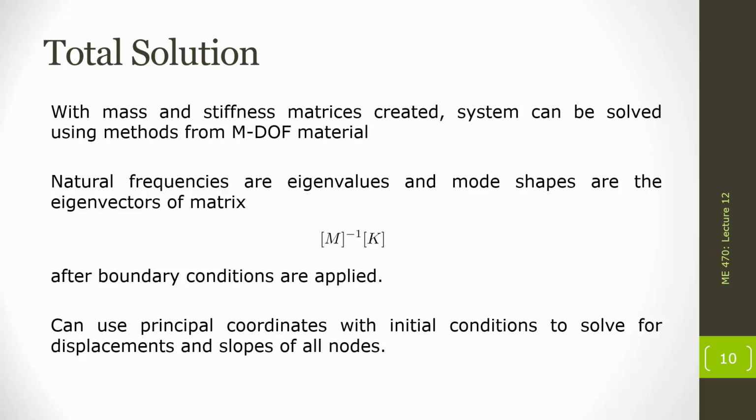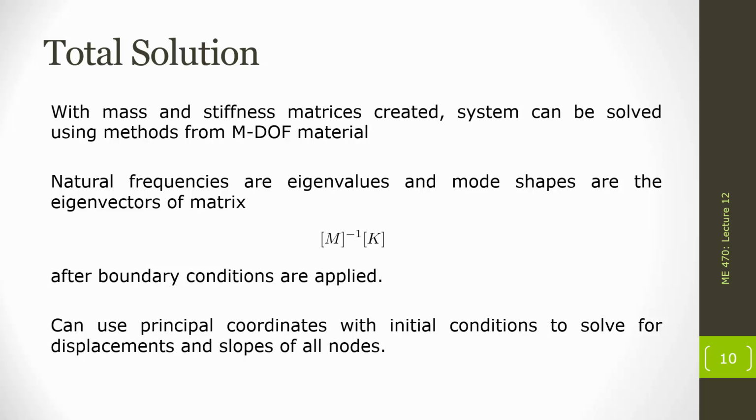Again, keeping in mind that the number of natural frequencies we're going to be able to find depends on how many elements, how many nodes we meshed our system to have. And like with axial problems, the more we have, the more the estimates are going to improve as we go from lowest natural frequency to higher natural frequencies. So we still need to be concerned with convergence of our solutions here.